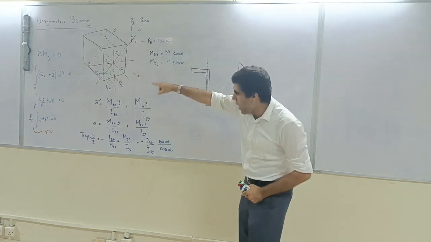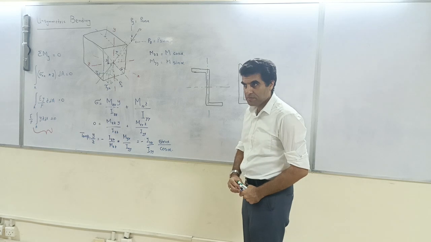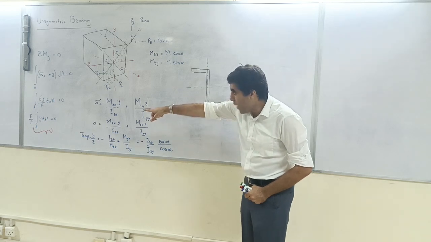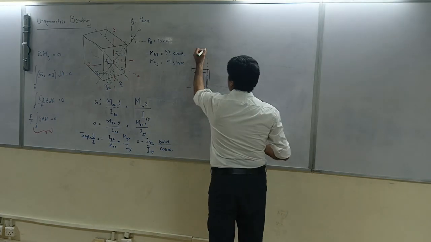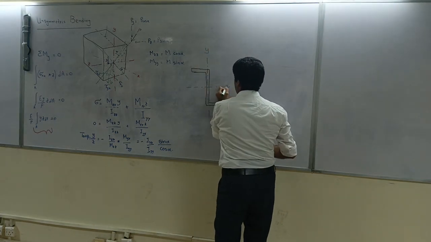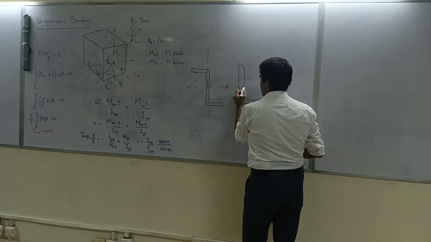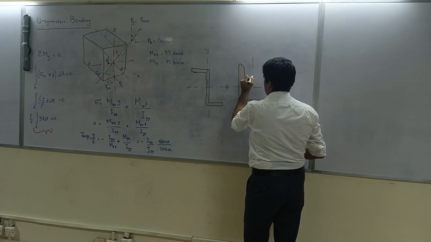Now, would my Iyz be 0 in this case? What do you think? Look at that one, y times z. Again, y is this one and z is this one. Okay, so extend it to this one.